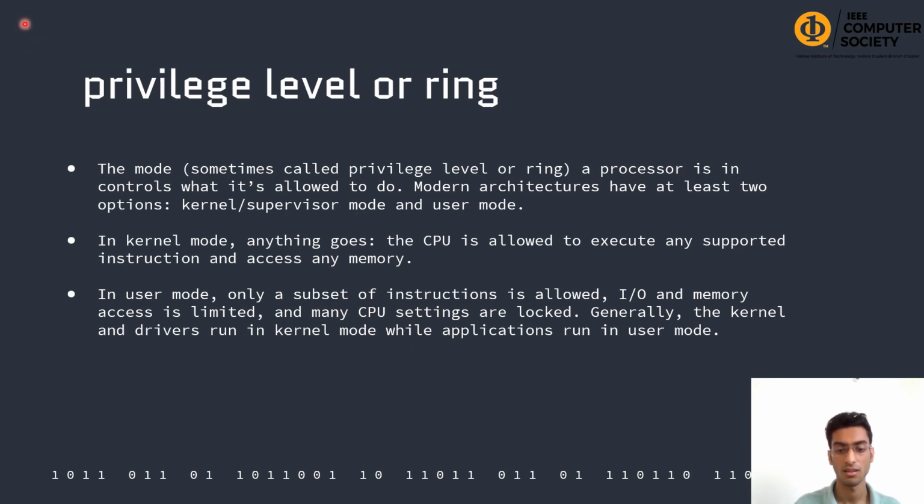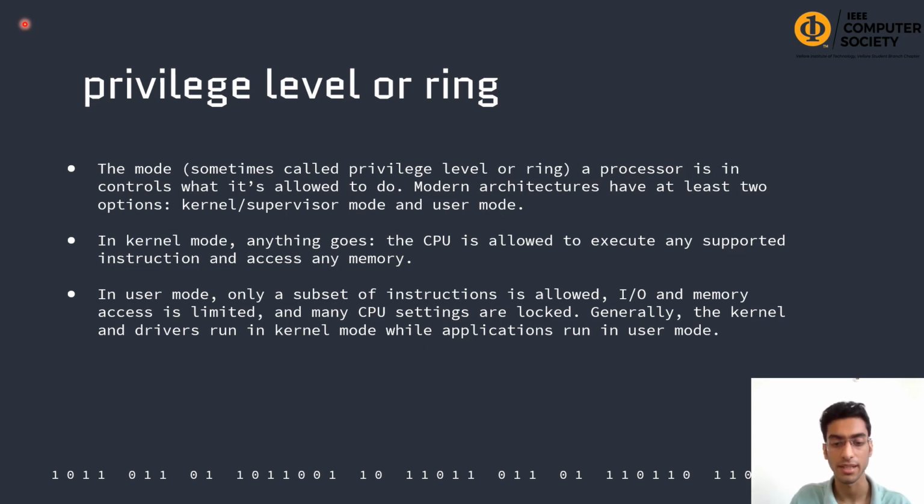These are very common in modern architectures. In kernel mode, the CPU is allowed to execute any supported instruction and has almost full access to the memory. However, in user mode, only a subset of instructions is allowed, and input and access to some of the memory is limited.